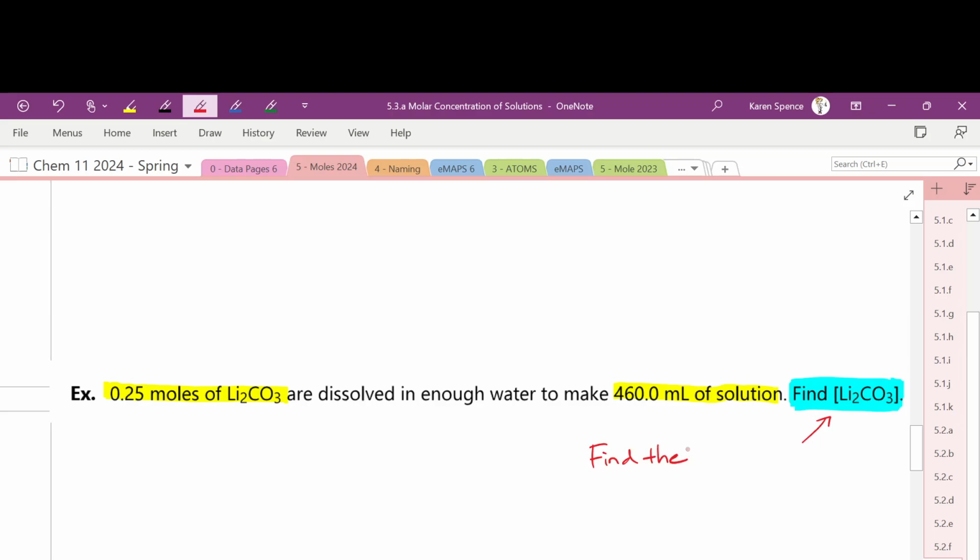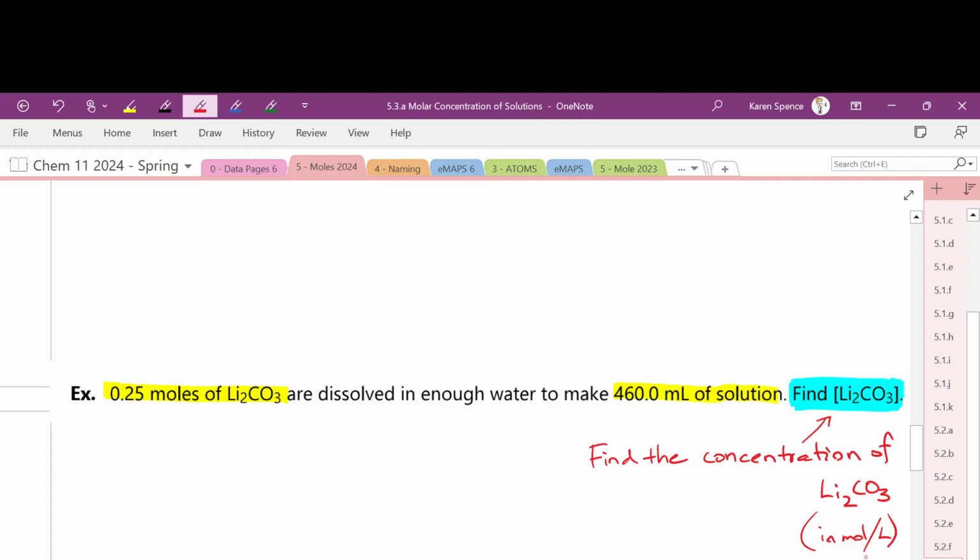Find the what? Concentration of Li2CO3. And that would be in moles per liter.